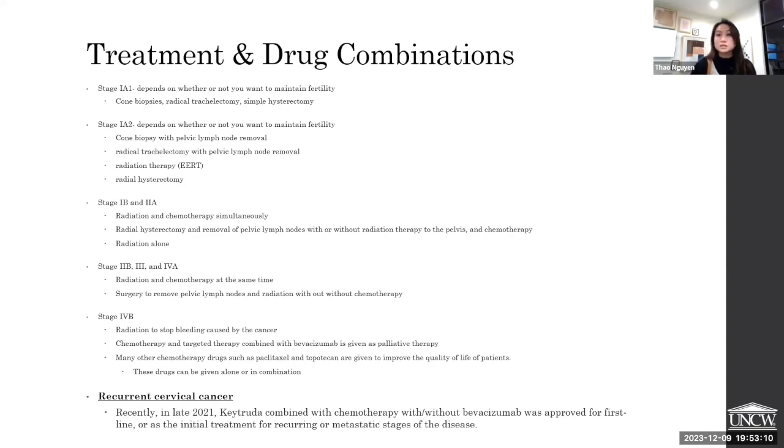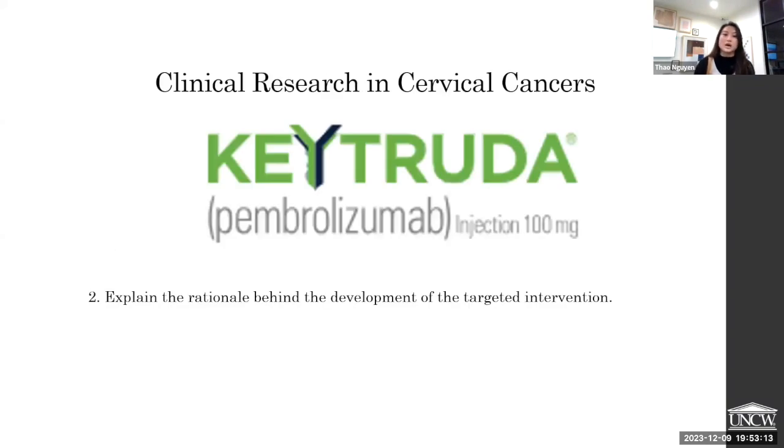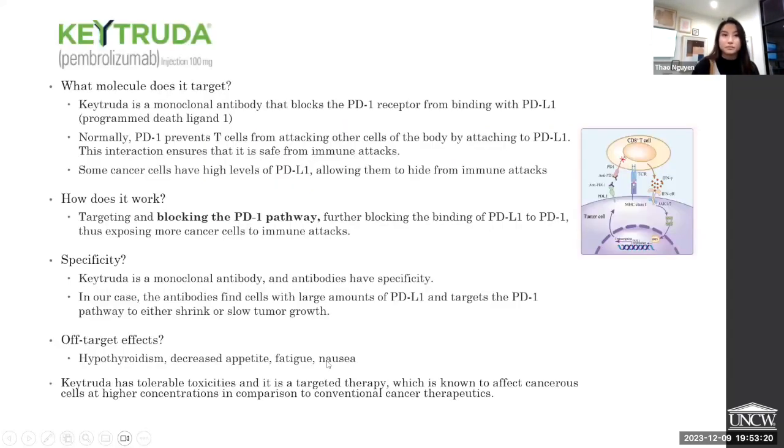Bringing us to the second objective, which is to describe and explain the rationale behind the development of Keytruda. Now, Keytruda itself is a monoclonal antibody that blocks the PD-1 receptor from binding with PD-L1, or the programmed death ligand 1. Now, normally PD-1 functions to prevent T cells from attacking cells from the other parts of the body by attaching to PD-L1.